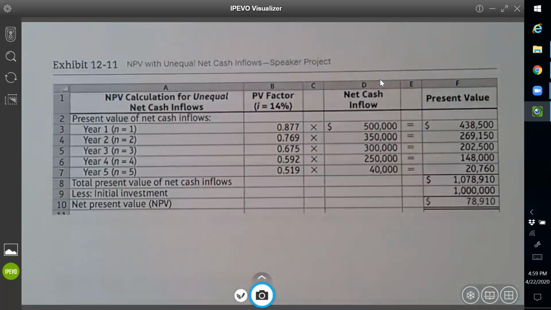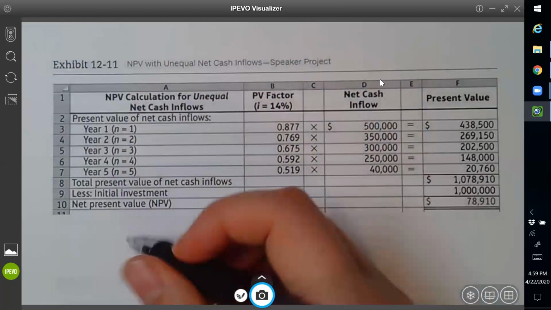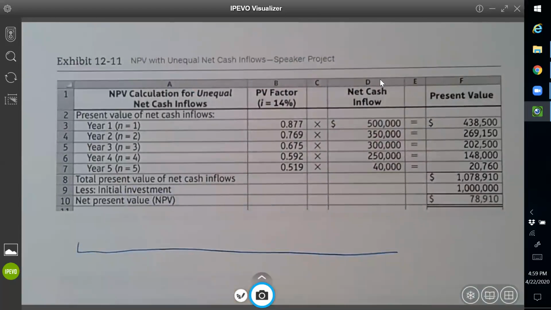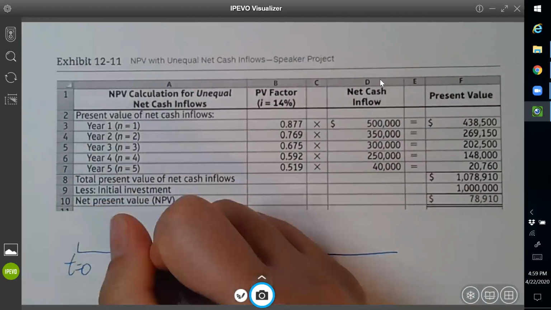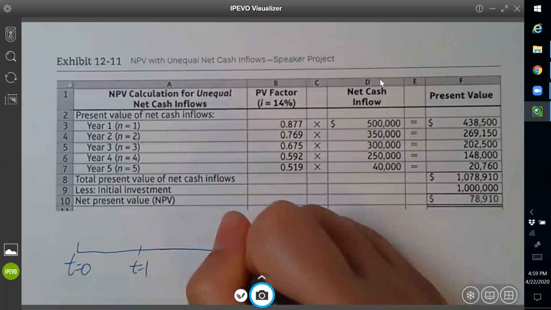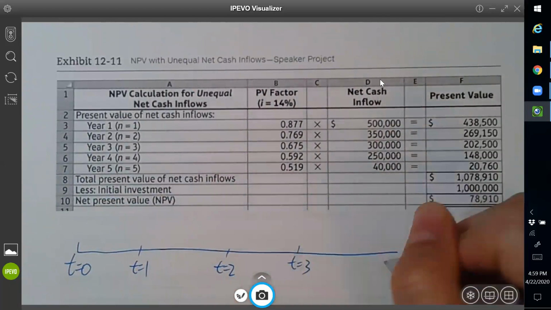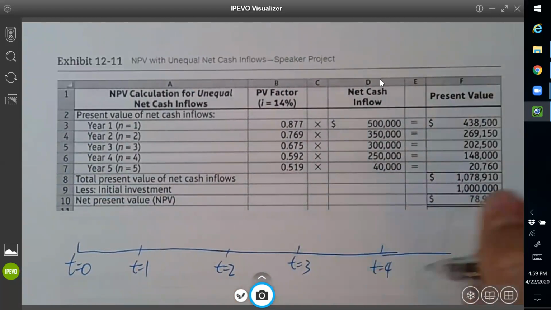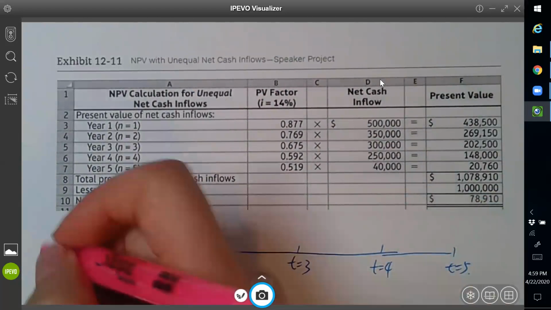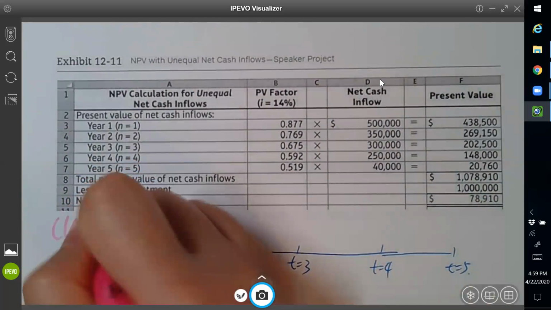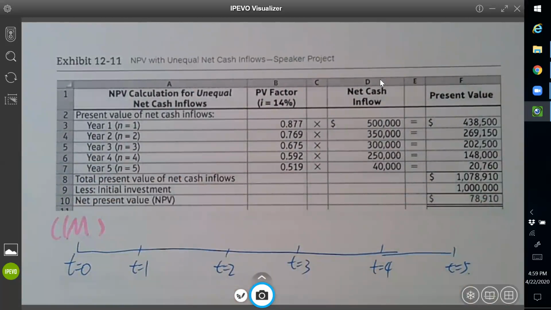So the general idea is I still draw a timeline. So t equals 0, t equals 1, t equals 2, t equals 3, t equals 4, t equals 5. Similarly, at the beginning of the project, you have $1 million outflow. So I put negative as outflow.